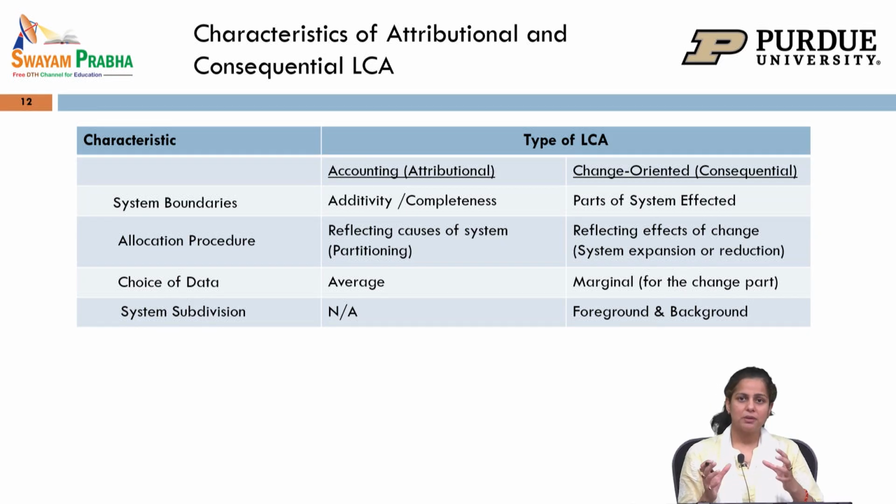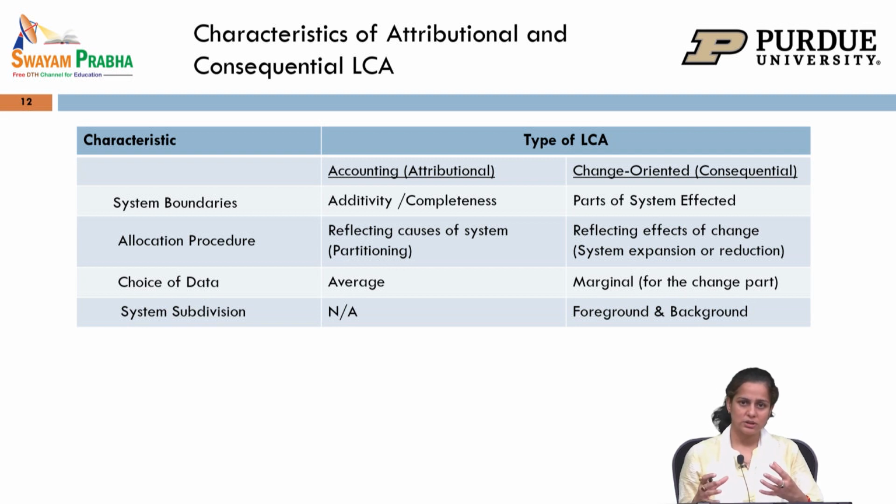The choice of data mostly in attributional LCA is average, and for change oriented it is marginal. By marginal we mean that it is mostly the part that is affected and that is being changed that we include. System subdivision is another thing. In accounting we do not have any system subdivision characteristic, but when we go to the change oriented or consequential, we have foreground and background processes.